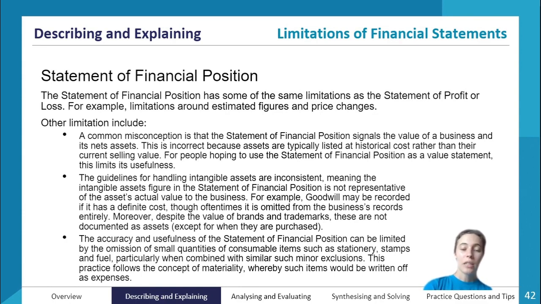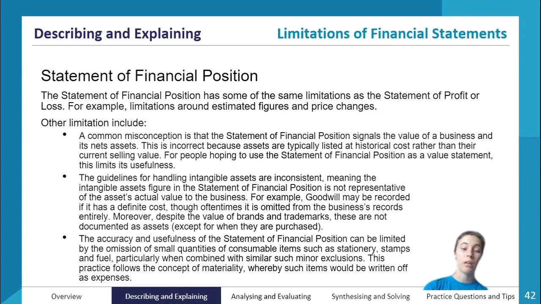Now, the guidelines for handling intangible assets are inconsistent. So the intangible assets figure in the statement of financial position is not necessarily representative of the asset's actual value to the business. For example, goodwill is not necessarily recorded.